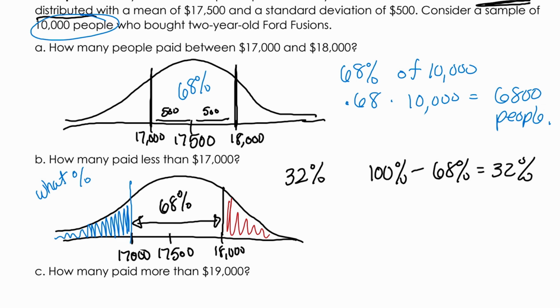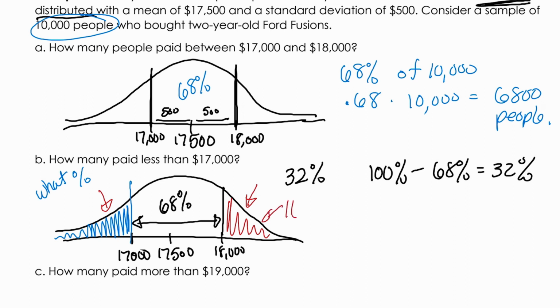Well, we only want to know the shaded part to the left of 17,000, which is that blue shaded area, because normal curves are symmetric. Each of these areas should be the same, which means I just need to take that 32% and divide it in two.